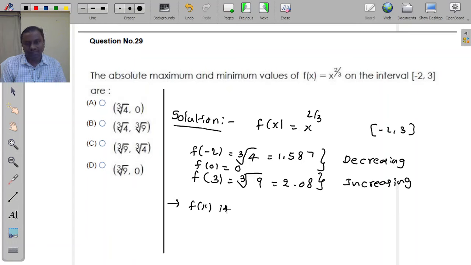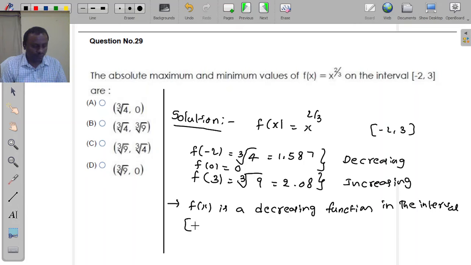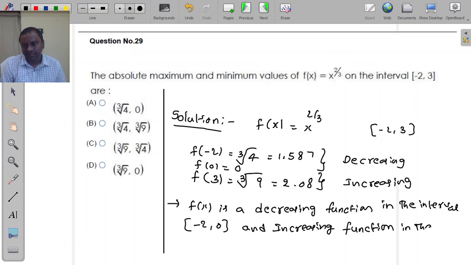that is, f of x is a decreasing function in the interval minus 2 comma 0, and an increasing function in the interval 0 comma 3.